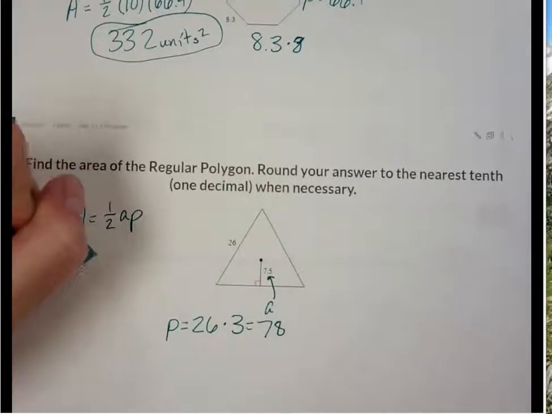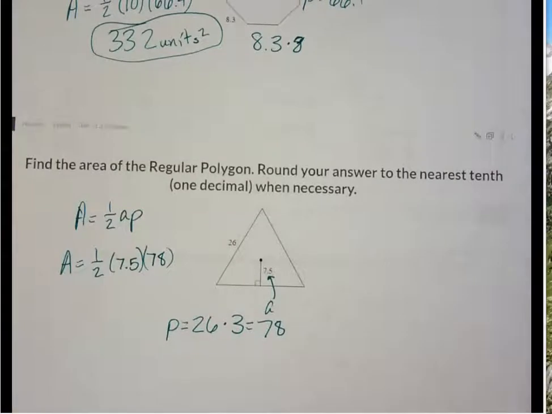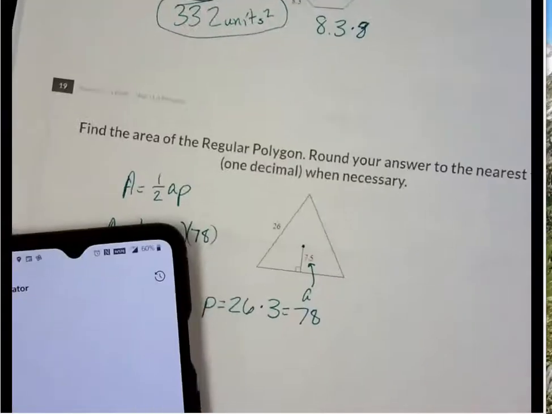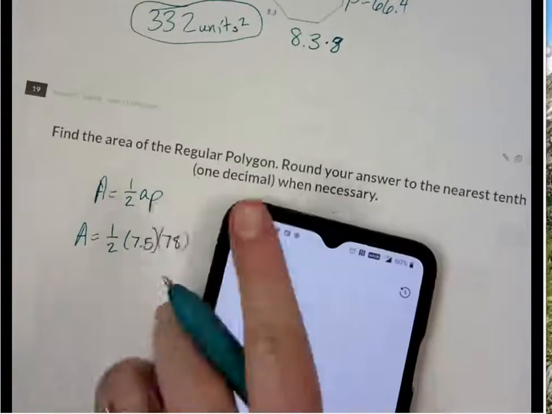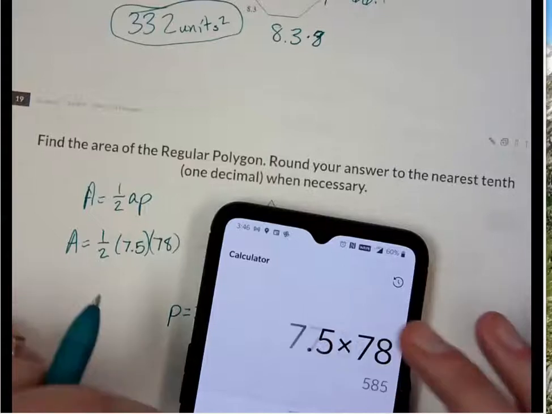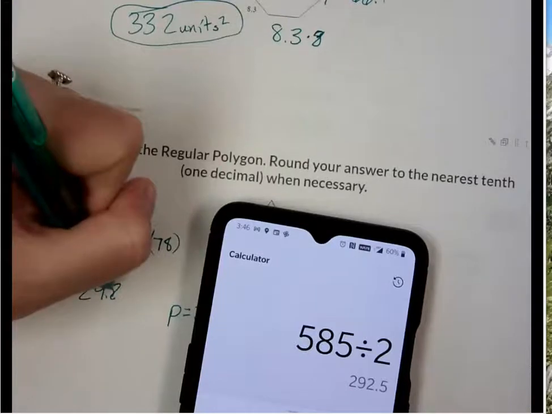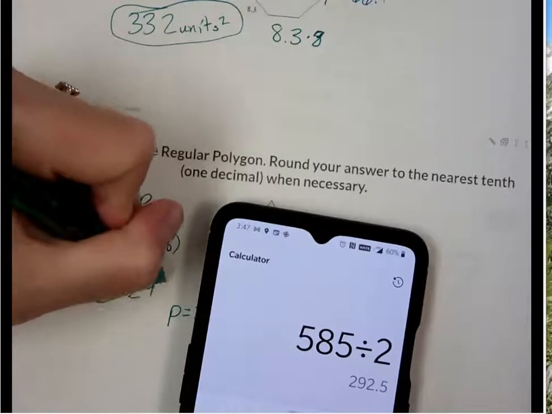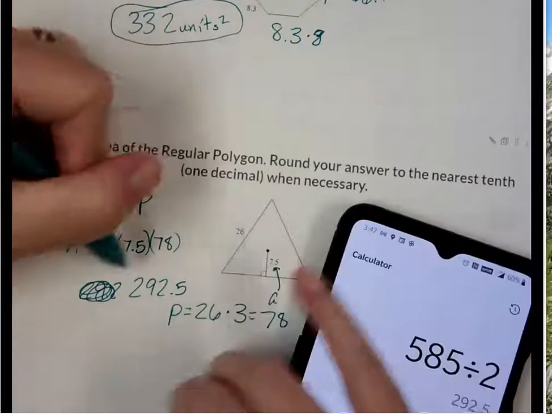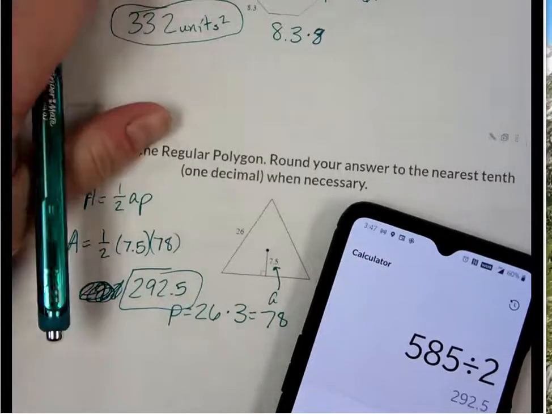So A equals 1/2 times 7.5 times 78. So I can put that in my calculator. I'll go ahead and do 7.5 times 78. And then when I divide that by 2, I will have 292.5 for my answer. 292.5. And that is going to be the area of my regular polygon.